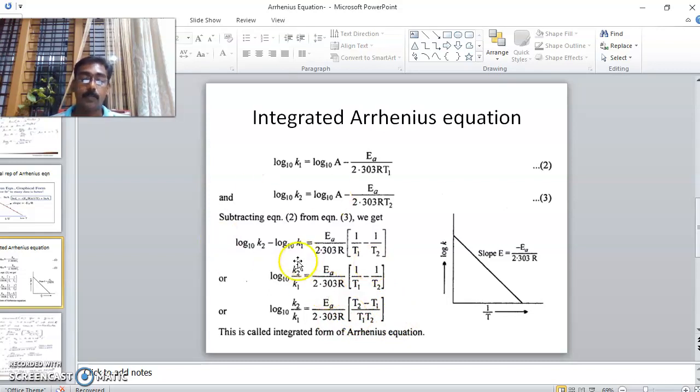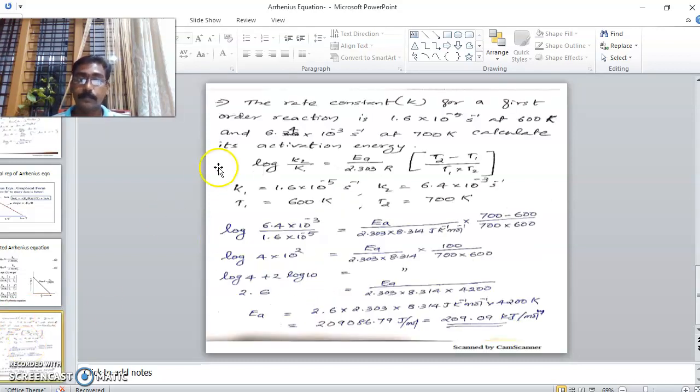Let us try to calculate the activation energy. We have a problem here. The rate constant for a first order reaction is 1.6 into 10 raised to minus 5 second inverse at 600 Kelvin and 6.4 into 10 raised to minus 3 second inverse at 700 Kelvin. Calculate its activation energy.